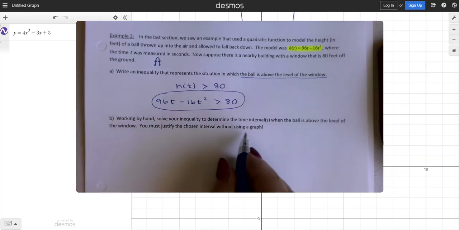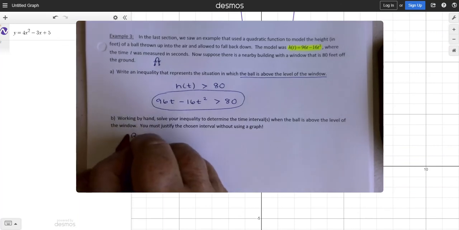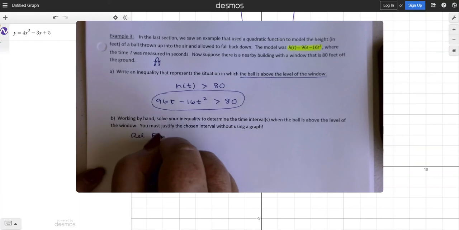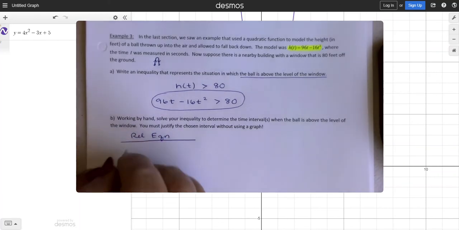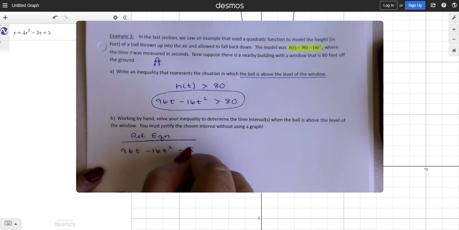We must justify our interval without using a graph, though we can always check with a graph, which we're actually asked to do in part C. So I'm going to start with my related equation again, make that equal to 80.